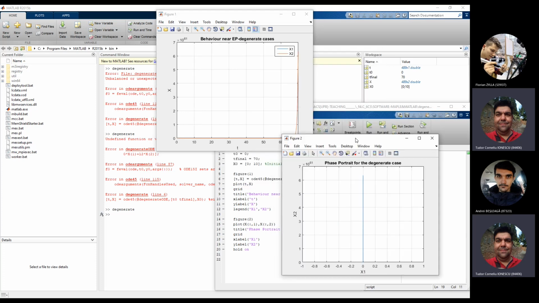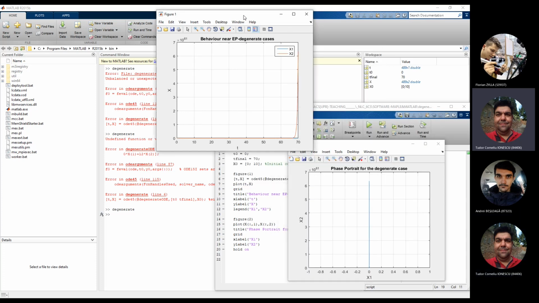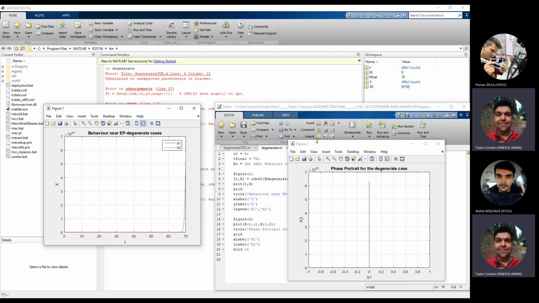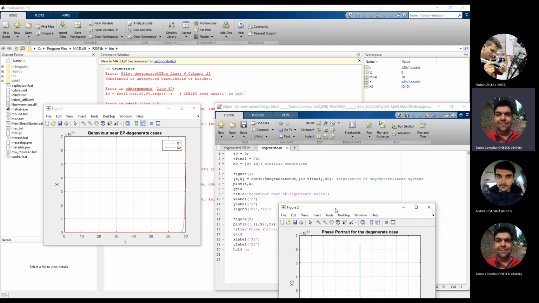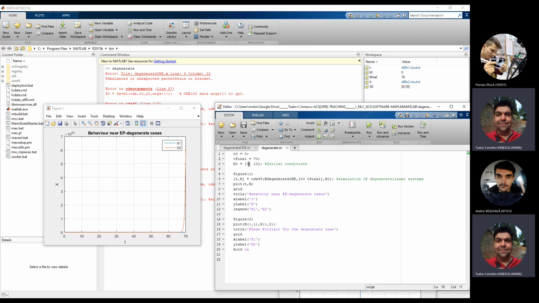Now you see what happens? This is the degenerate case. This is the phase portrait. It's a line because x1 is constant, and here I gave the initial condition 10.